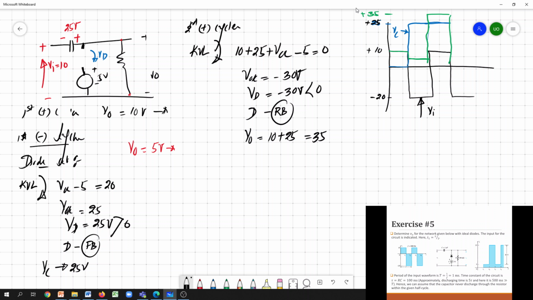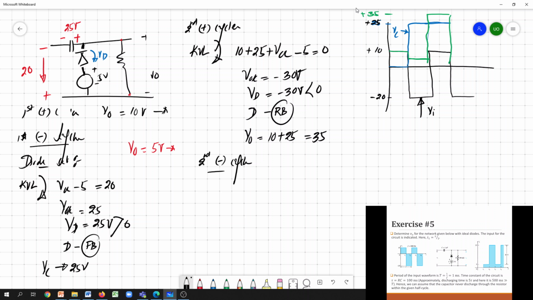So then we'll consider the second negative cycle as well. Okay, so in the second negative cycle, we have a diode. So now the input is like the other way around, where amplitude is 20, so this is 20.